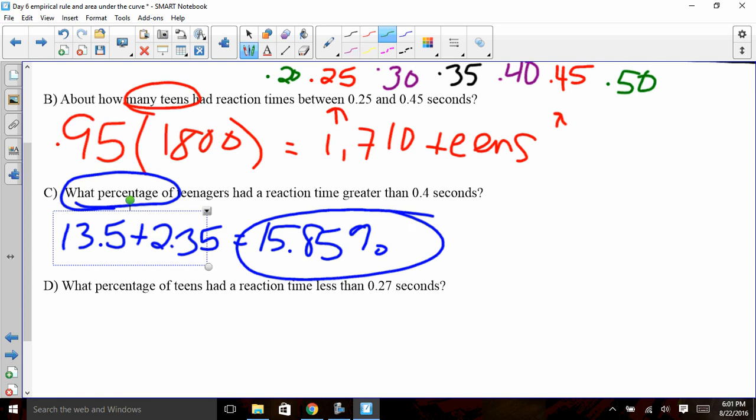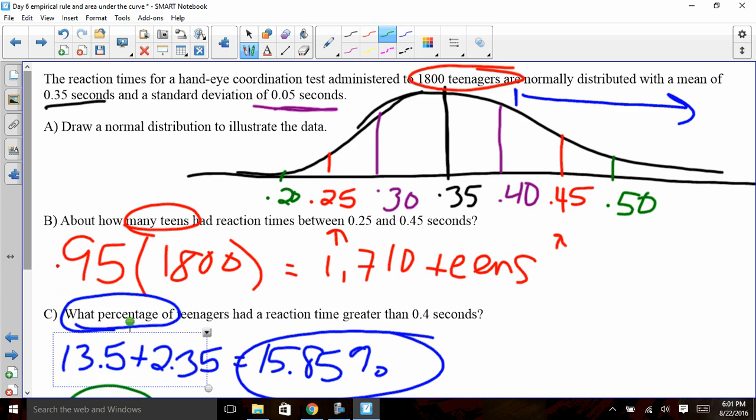Okay, so part D. What percent of teenagers had reaction time less than 0.27 seconds? Well, 0.27 is about right here. I can't determine how many standard deviations away that is because it's not a full standard deviation, and it's not on there.